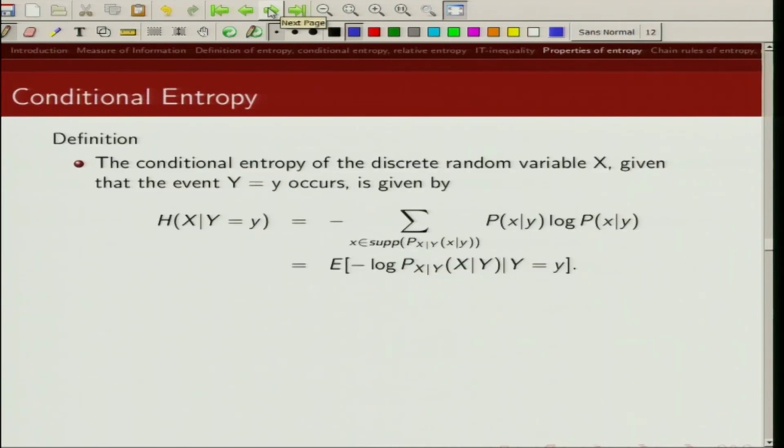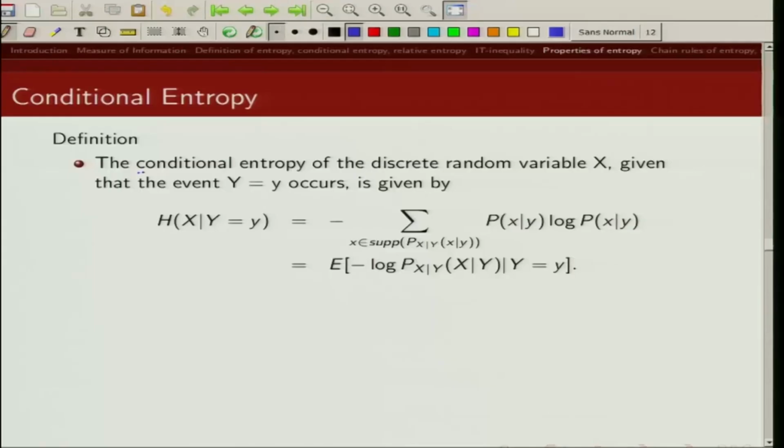Now let us define what we mean by conditional entropy. The conditional entropy of a discrete random variable x given an event y equal to some y which has occurred is given as follows.